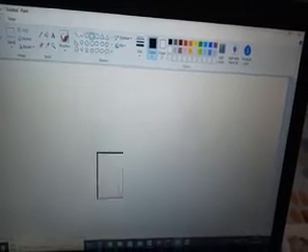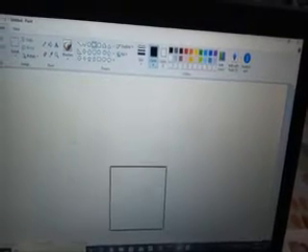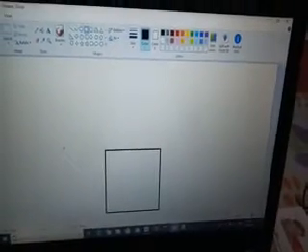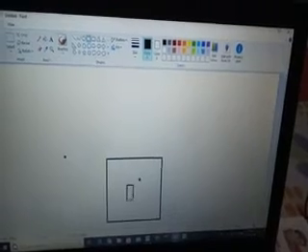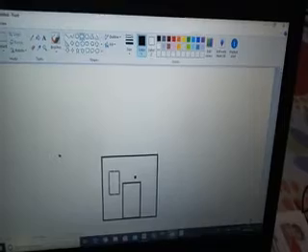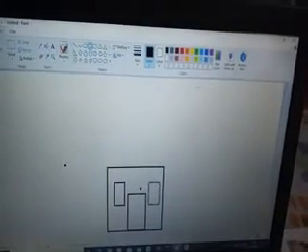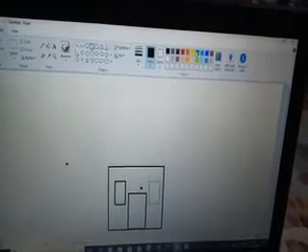Let me draw something again. This time let me draw a house. Let me color it as well. Green color for the doors maybe.